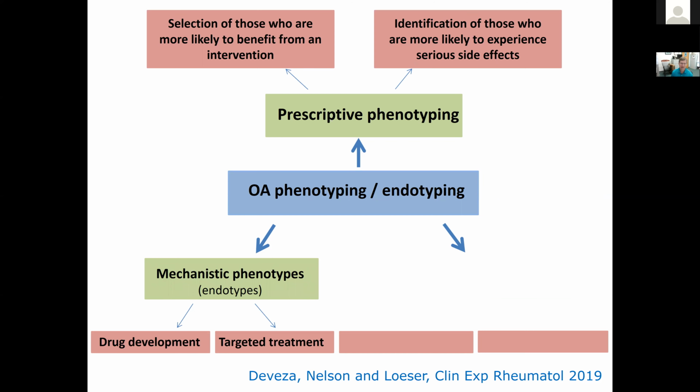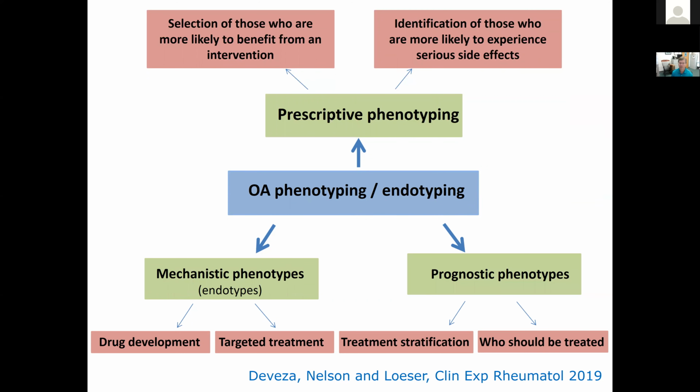Then there's the mechanistic phenotyping or endotypes that I just mentioned. These would be very useful for drug development and for targeted treatment. And then prognostic phenotypes. The prognostic phenotypes would be things like progression, and this could be used for treatment stratification, and also, again, to identify who might be treated in a particular trial.